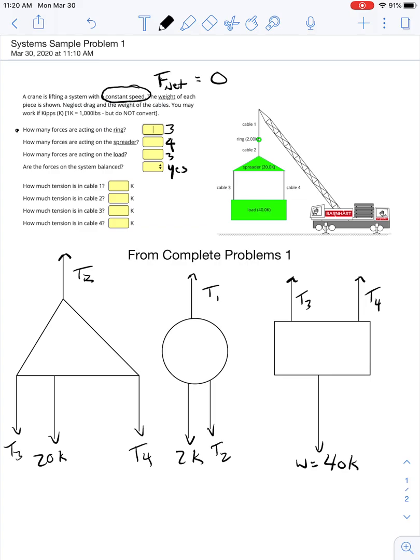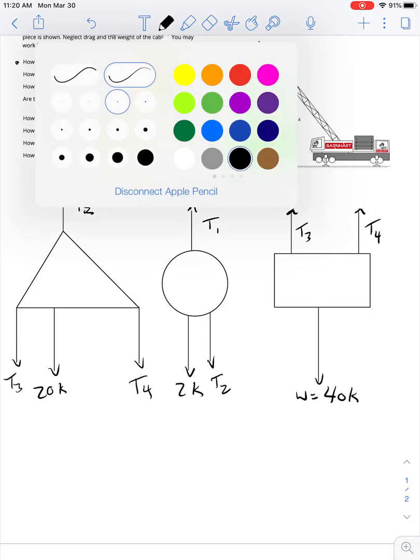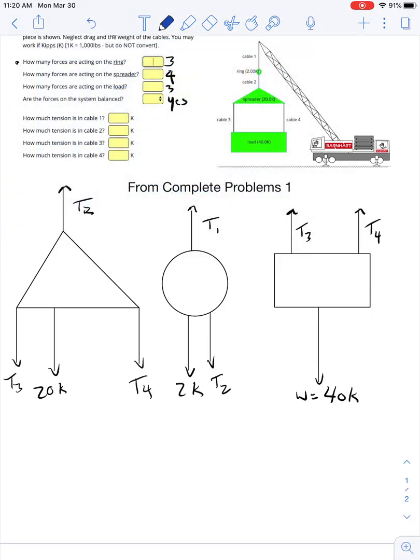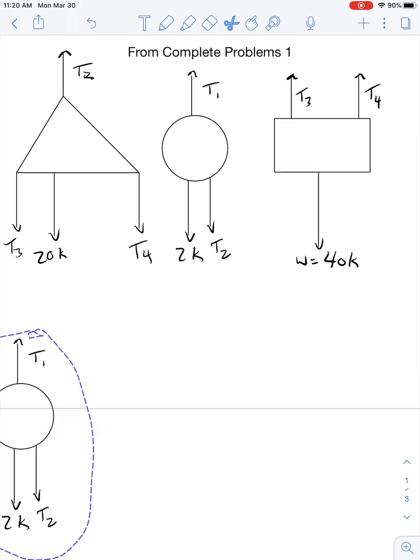Now, let's look at these kinds of numeric problems. How much tension is in cable 1? Well, for cable 1, we're going to look at our FBD. So let's cut it out here and make a copy of it and paste it down here.